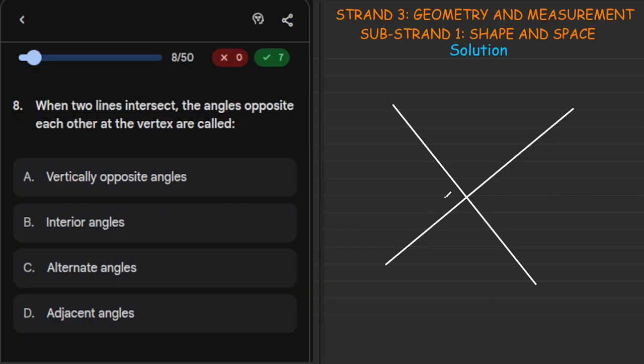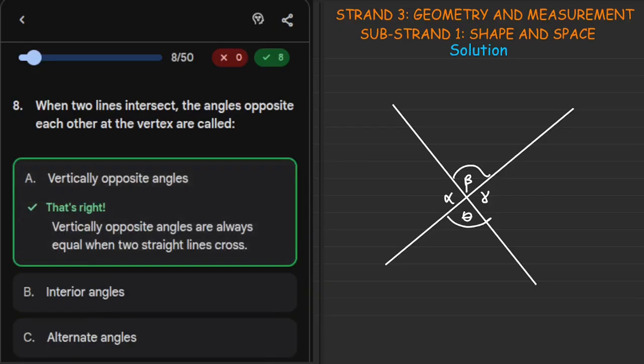You can get angle A, angle B, angle C, and another angle over here. All these angles, this and this, are equal, and we call them vertically opposite. They are opposite to each other, so they are vertically opposite angles.